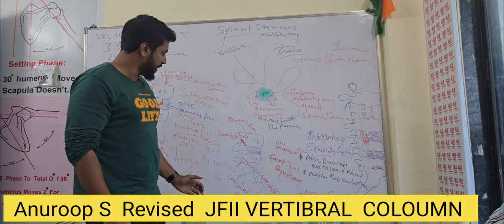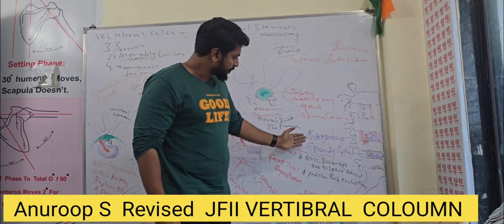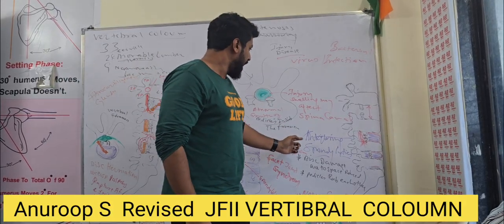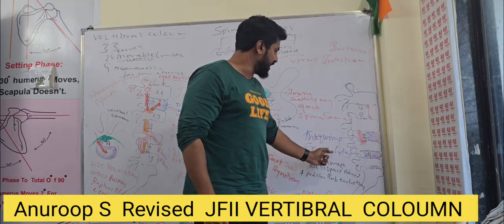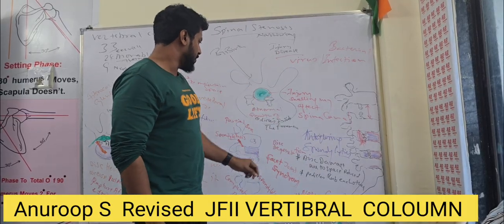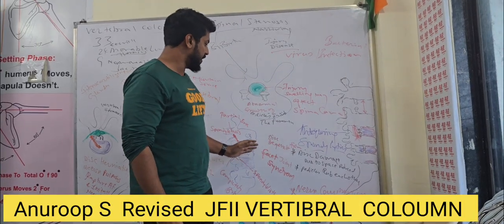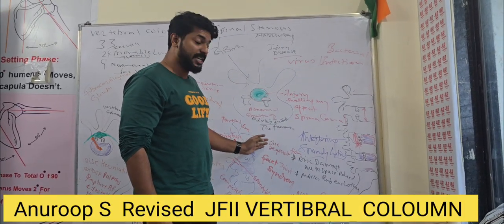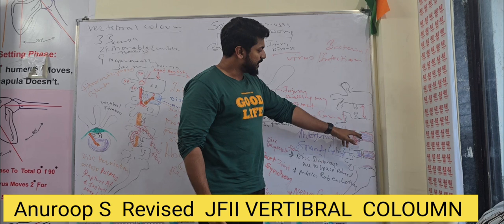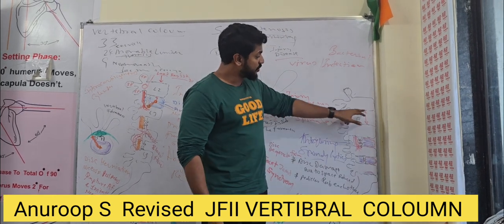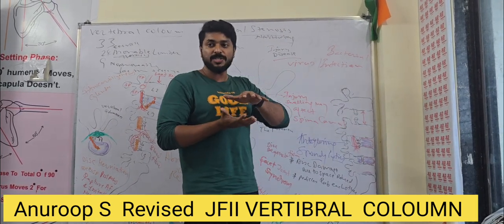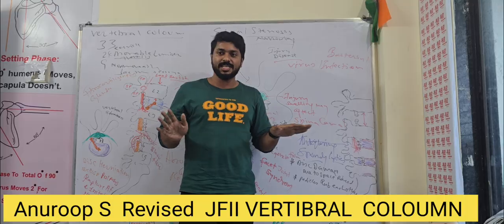And the next one is ankylosing spondylitis. So this is mainly due to the space between these two vertebrae narrowing. So the presence of the disc is gone.